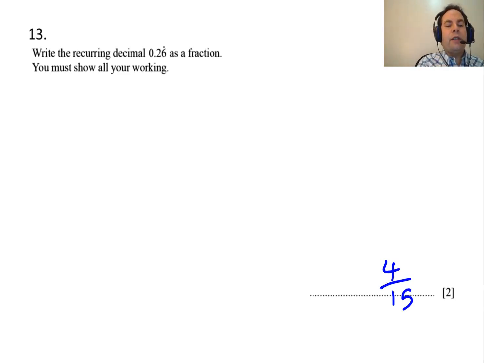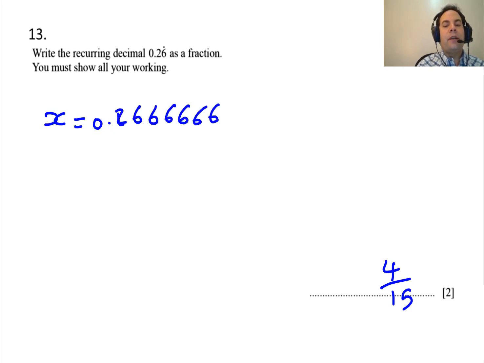Let's start by writing x, the original one, which is 0.26 repeated. If you multiply this equation by 10, you will get 10x equals 2.6 repeated, moving the point to the right.